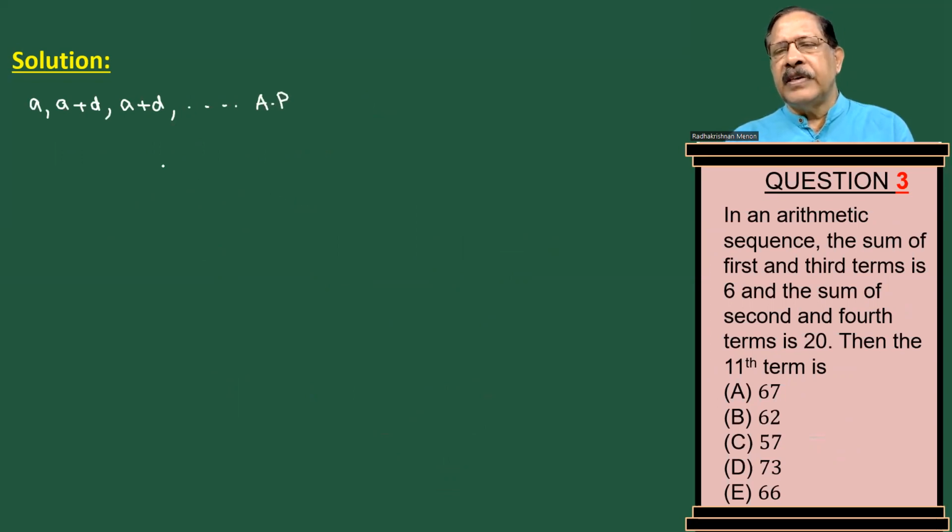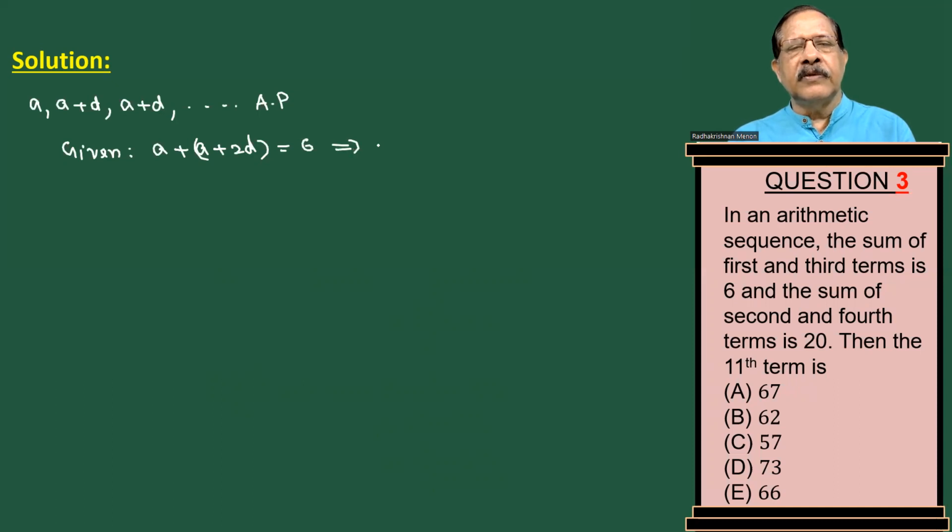The sum of the first and third terms is given: a plus the third term a plus 2d is equal to 6. So you will be getting 2a plus 2d equal to 6, so a plus d is equal to 3. So this is one equation in a and d.